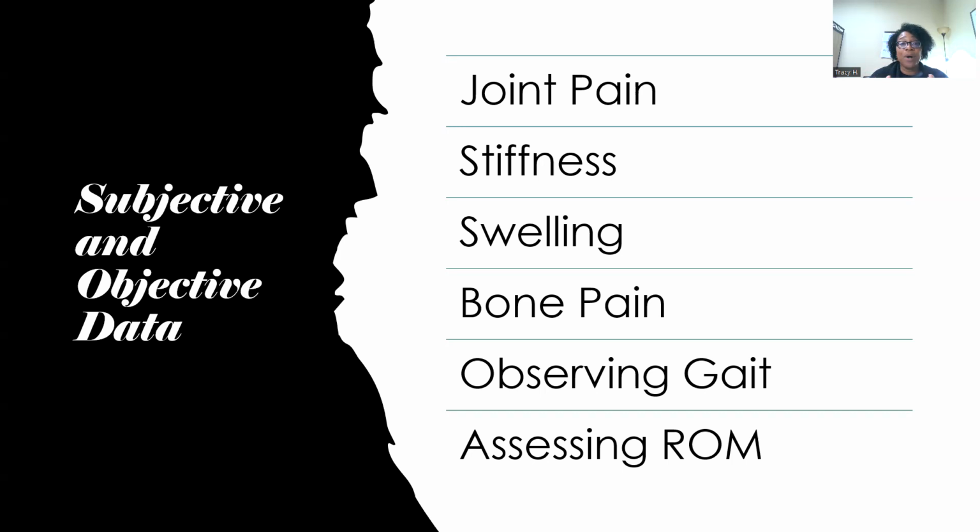When you palpate the bones and the joints and the surrounding muscles, are they having any tenderness? Are they experiencing any pain on palpation? Because with each touch, it reveals a layer of information regarding our patient's musculoskeletal health.